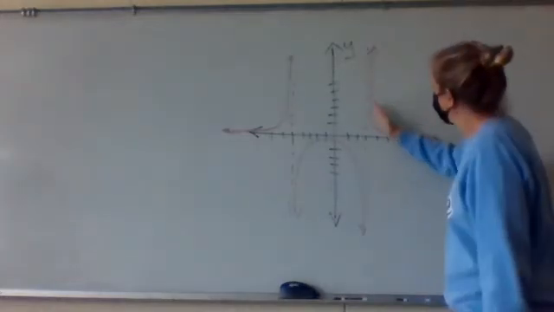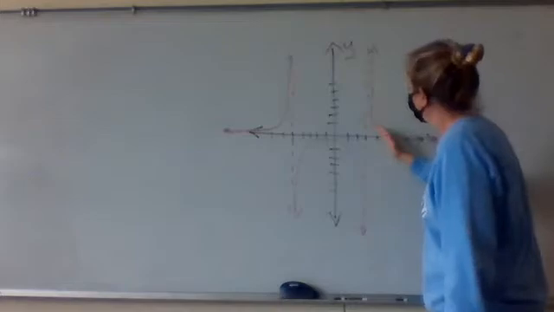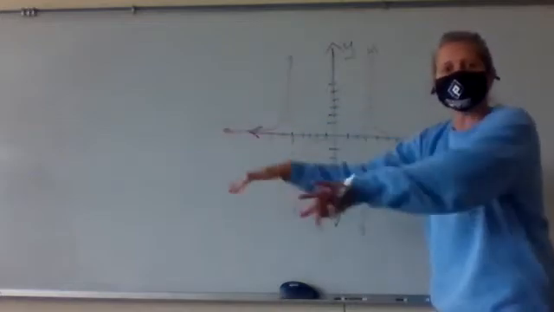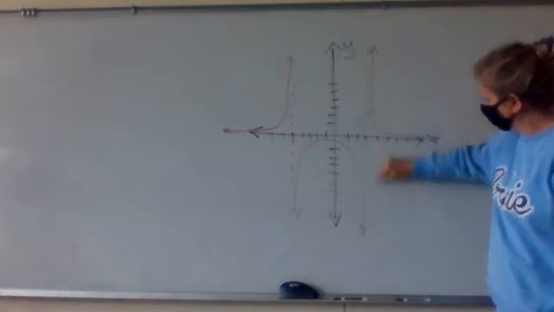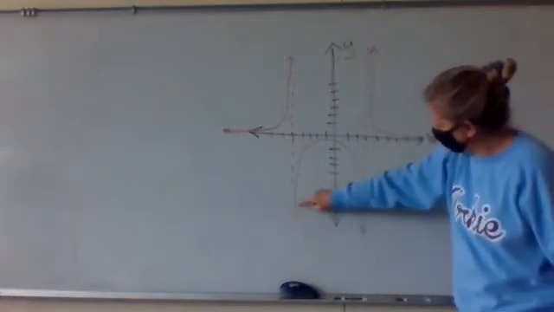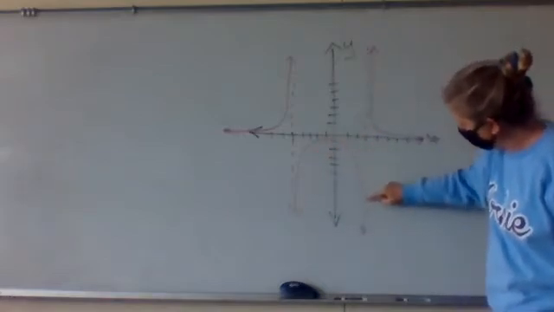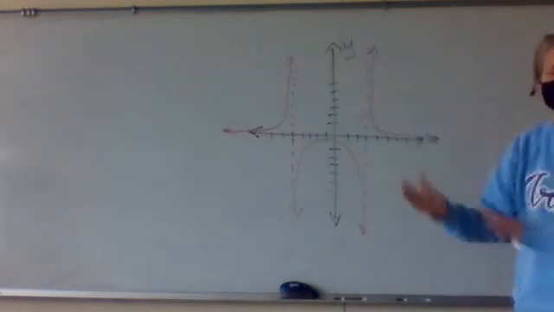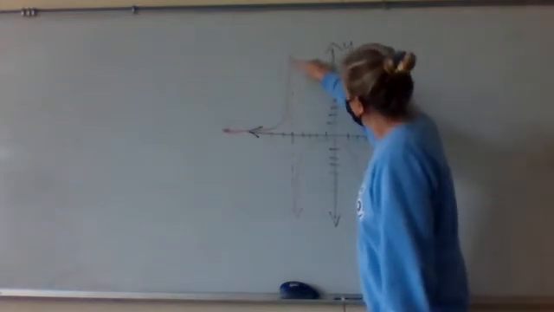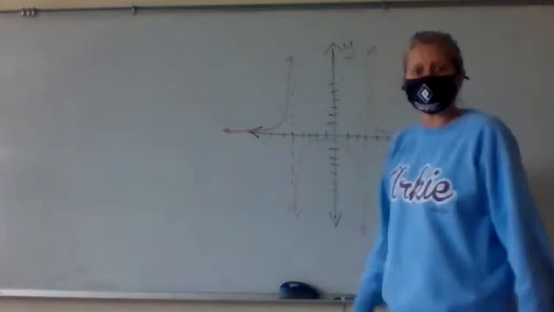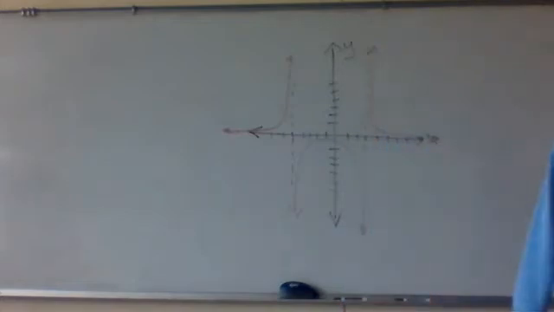It comes right up and then just starts going right up next to it. It doesn't ever cross through that vertical asymptote. Okay? And they're vertical, these vertical lines. So if you'll notice, this part of the function comes right up next to the vertical asymptote, but it doesn't touch it or cross it. Same thing over here. Comes right up to it right here, but doesn't touch it or cross it. So that's what a vertical asymptote is.